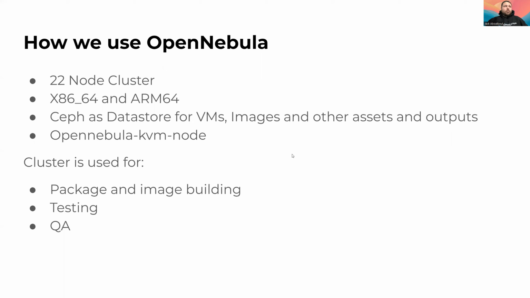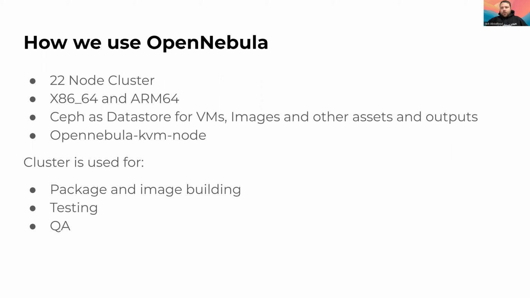And what is the cluster used for? The cluster is used for package and image building. We rebuild tons of packages. Some of them get rebuilt here and go into QA here so that they can be built and tested in one environment. Stuff is built in lots of different places depending on the architecture, and then we do a fair bit of testing to make sure that the packages were built correctly.